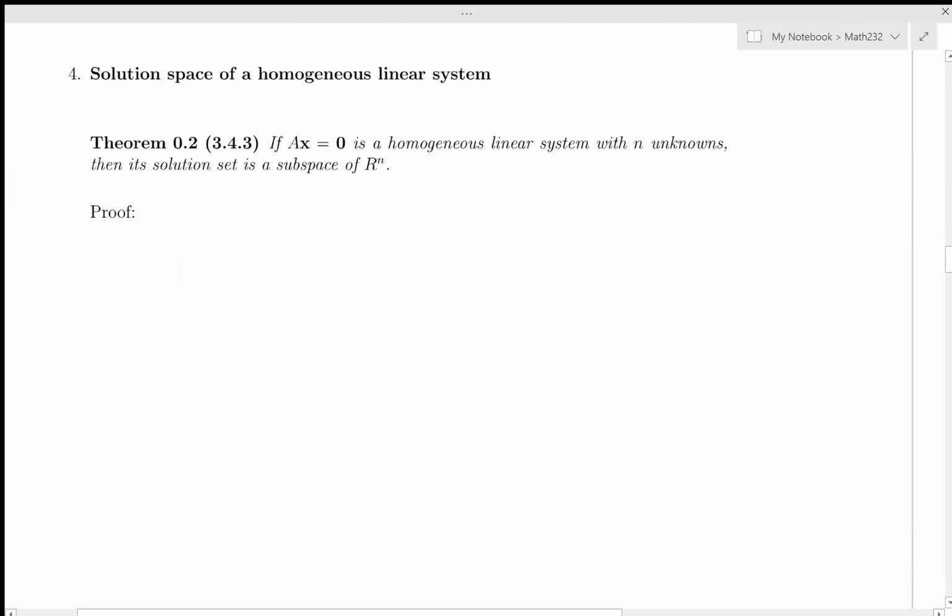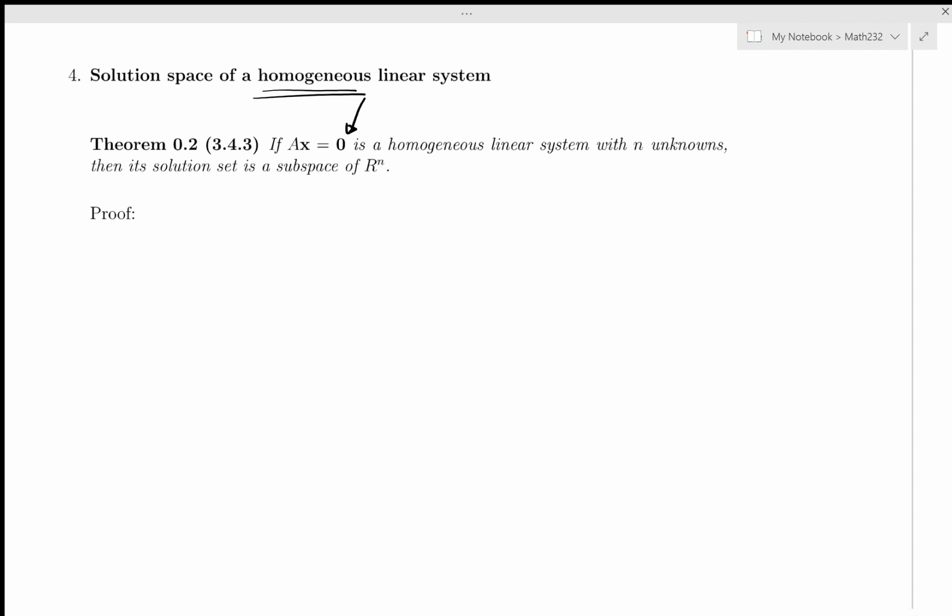Let us look at what we're going to now call the solution space of a homogeneous linear system. Homogeneous means that zero is here. So here's our theorem. If Ax equals 0 is a homogeneous linear system with n unknowns, then the solution set is a subspace of Rn.